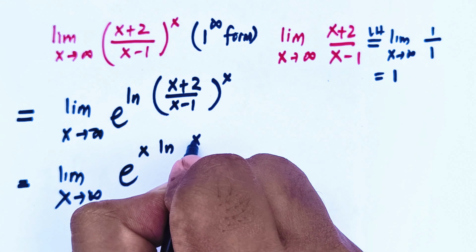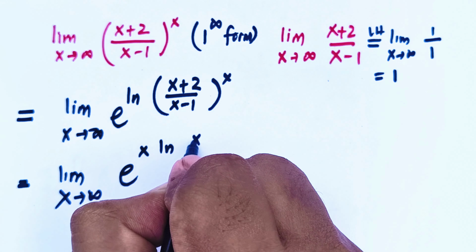e to the power limit x goes to infinity, derivative of this quantity, which is 1 over x plus 2 over x minus 1, which is x minus 1 over x plus 2. Then the derivative of this whole quantity x plus 2 over x minus 1. Here we will apply the quotient rule: denominator square, x minus 1 square. Then keep the denominator as it is, derivative of numerator which is 1.